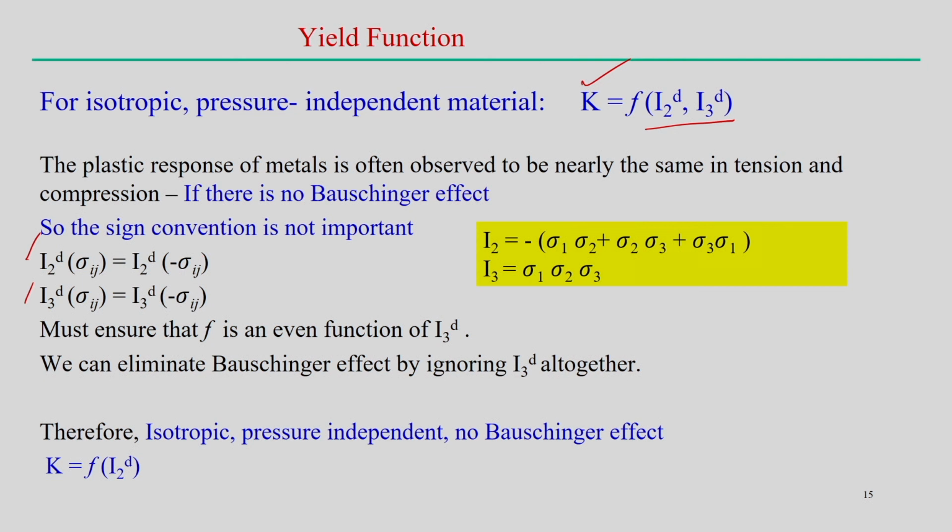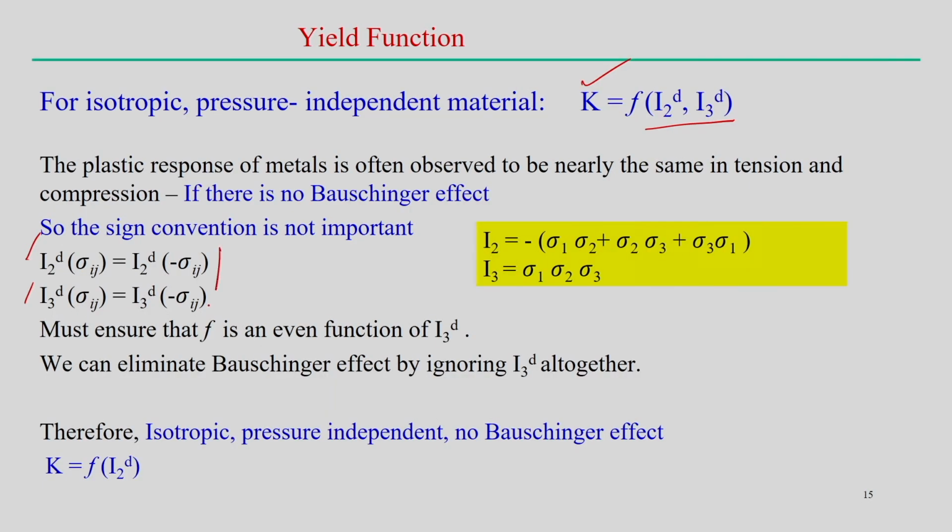Minus sigma ij means simply changing the stress from tensile to compressive or compressive to tensile, so it should be the same. Whether we represent tensile stress as positive and compressive stress as negative, it should satisfy these two equations. Similarly, I3D of sigma ij should be equal to I3D of minus sigma ij. Now, we must ensure that F is an even function of I3D.